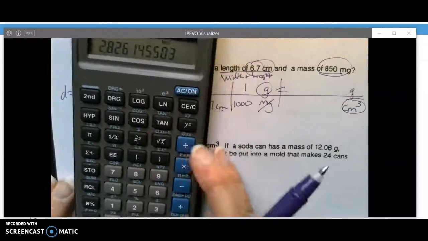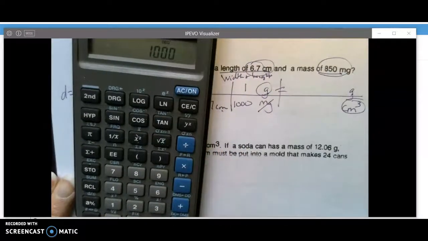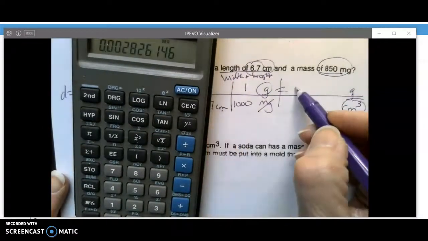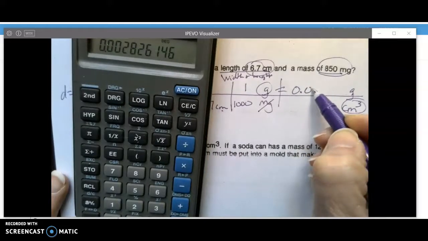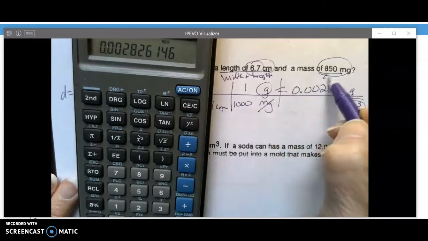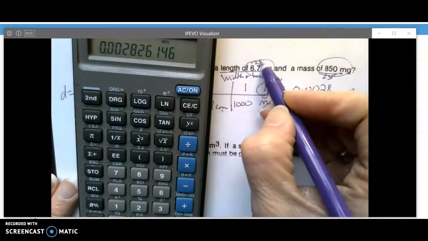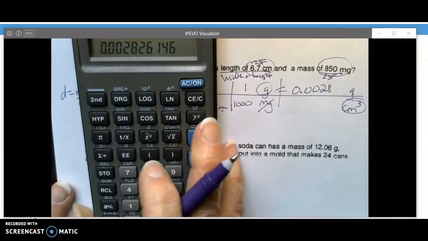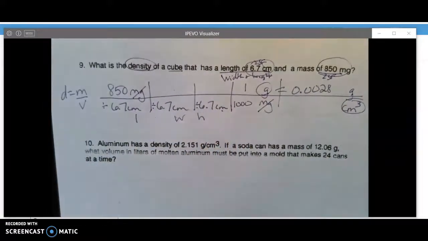Okay, and then I just have to divide that by 1,000 to get my 0.0028. Again, both of these are 2 sig figs, the 6.7 and the 850, so no choice there.